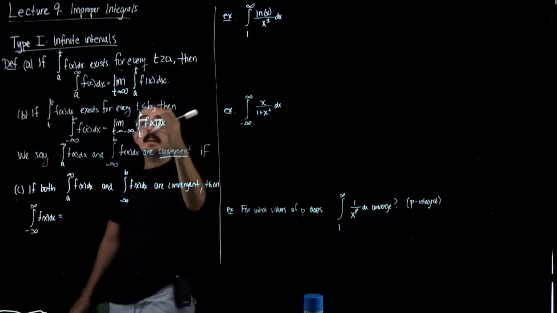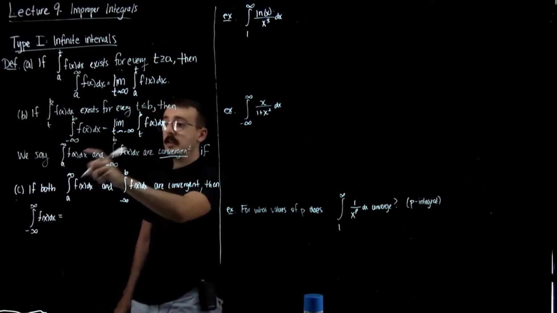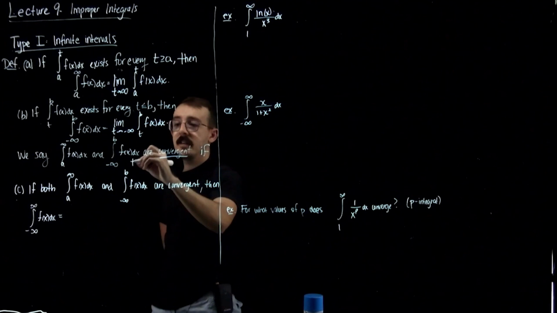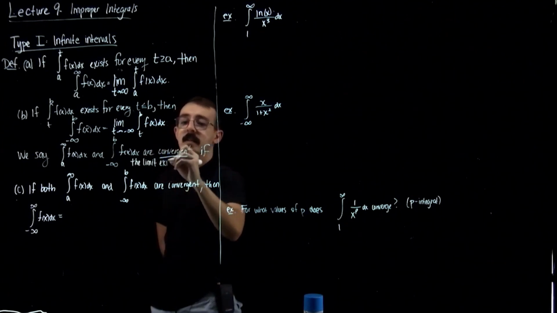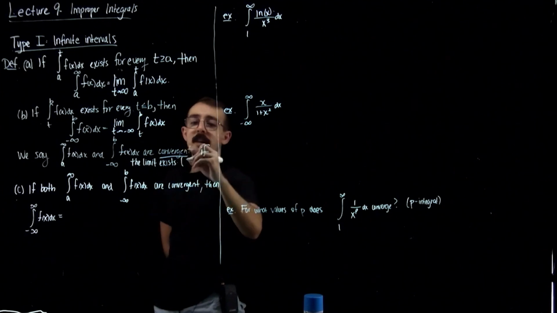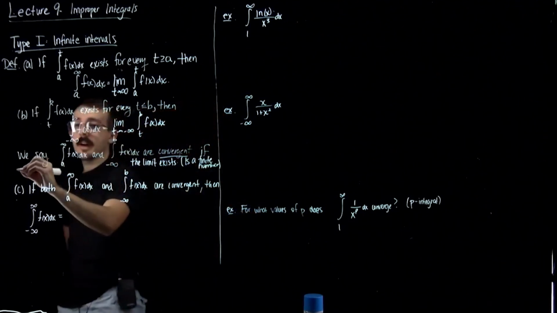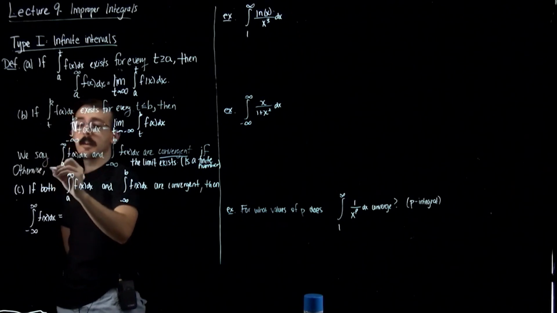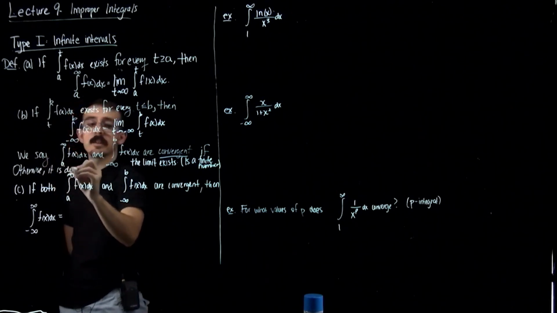And then we say that either one of these improper integrals are convergent if the limit exists. And for us, what I mean by that is a finite number. And otherwise, it is divergent.